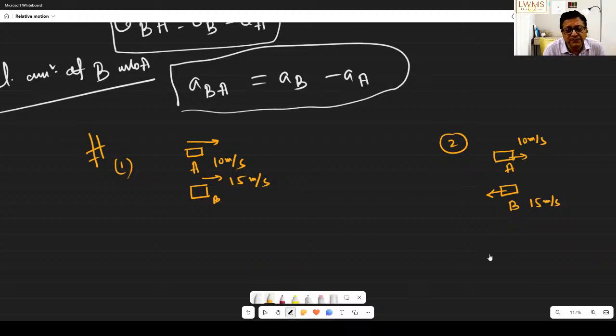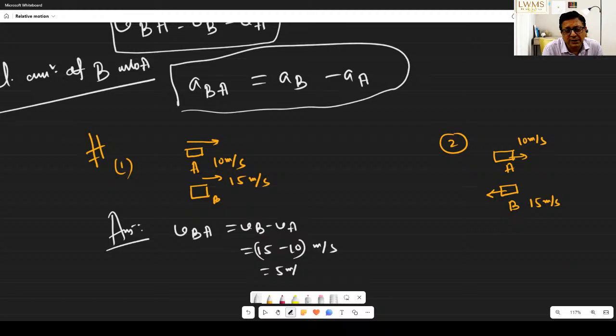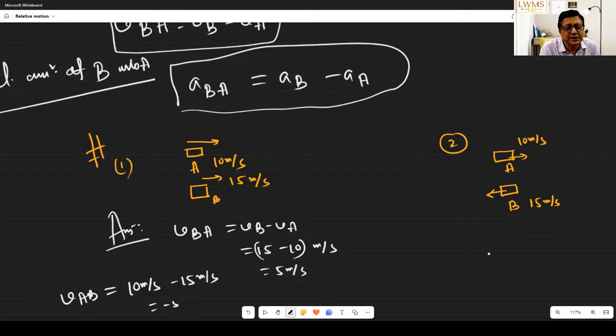So in the first case, if we write, VBA will be VB minus VA. So 15 minus 10 meter per second, this is nothing but 5 meter per second. What about VAB? It is 10 meter per second minus 15 meter per second, minus 5 meter per second.